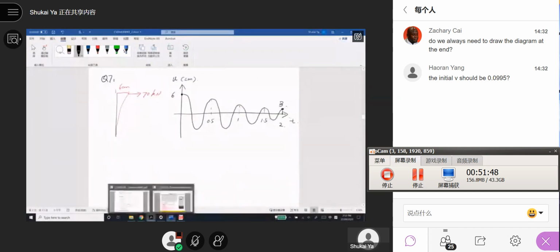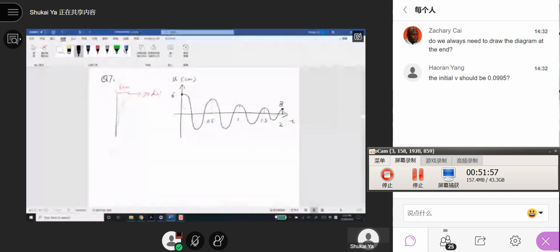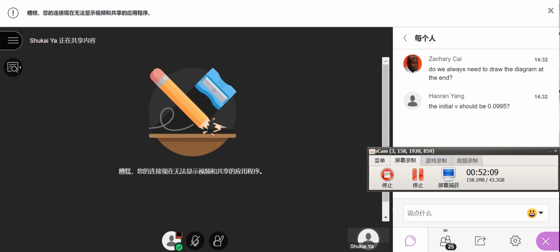So let's try. Firstly, calculate the damping ratio zeta. We know that zeta is equal to 1 divided by 2 pi j times ln of ui divided by ui plus j, which we get from the equation table.